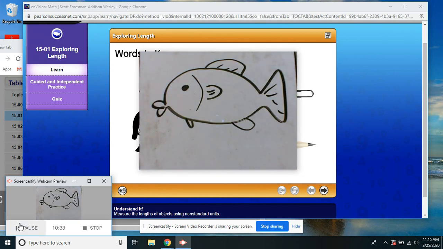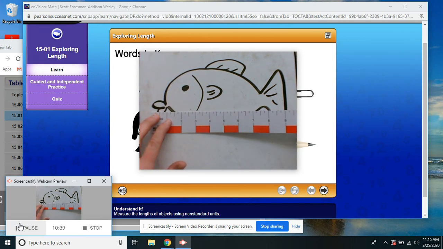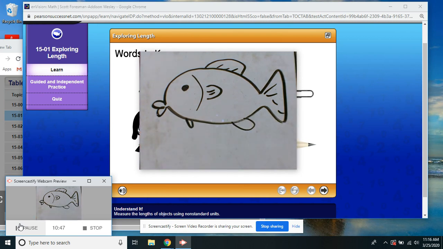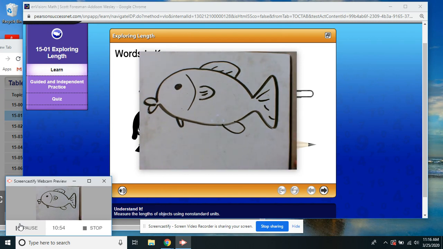Maybe you caught a fish this last summer and you measured how many inches long it is. I know I have some fishermen in my class. Let's see. This fish measures 9.5 inches long. So today we are going to be learning more about how to measure the length of an object.